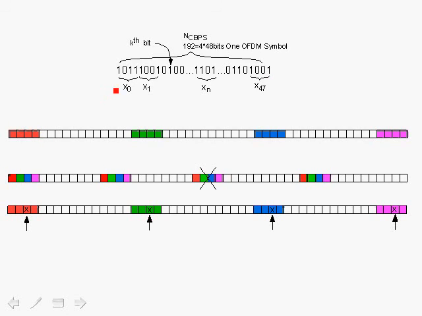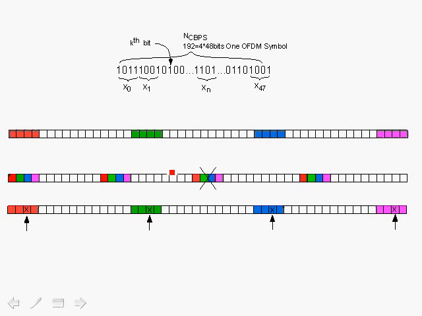Over here we show the actual bits, for example, for X0, and have color-coded them as red. And similarly, another 4 bits color-coded in green, and also 4 bits color-coded in blue, and also violet. Now, the operation of interleaving is to take these bits and, through a permutation operation, map them to different locations in the overall OFDM symbol.